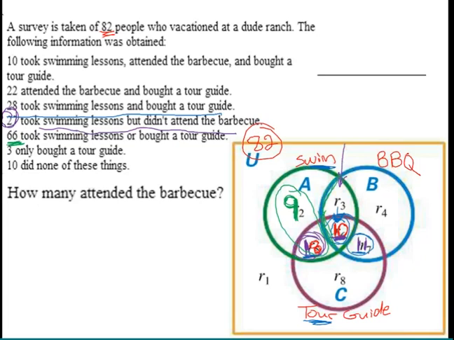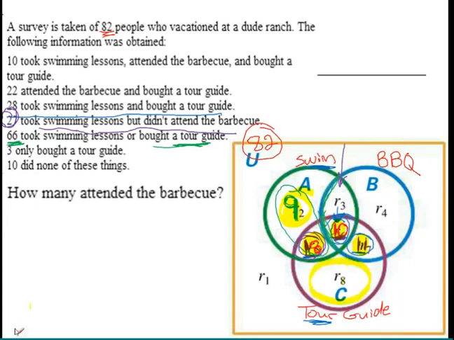66 took swim lessons or bought a tour guide. So swimming lessons or tour guide means that all of this, if I was to highlight here, this guy, the 9, the 10, the 18, and this 11 adds up to a total of 66.